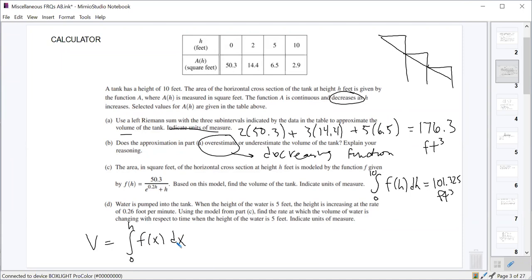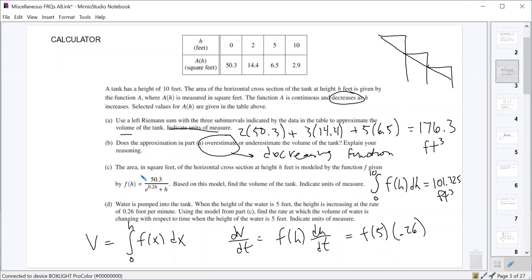So when we take the derivative of that with respect to t for this related rate, we get dV/dt equals f of h times dh/dt. And you're looking for dV/dt. You know that you are interested in that when the height is 5, so you'll plug in 5 for h, and dh/dt will be 0.26. So f of 5 times 0.26, f of 5 will come straight from there.